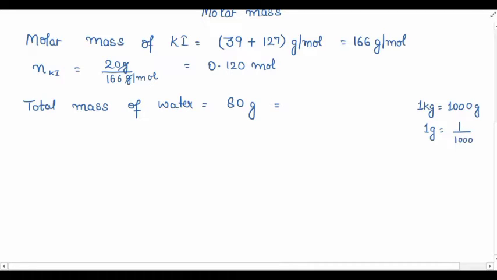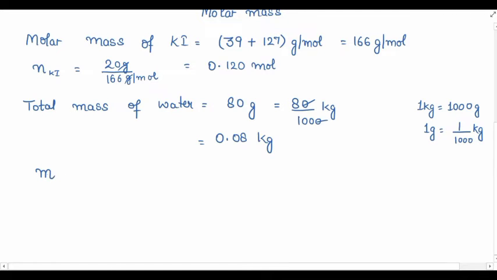So 80 gram is equal to 80 upon 1000 kg. It becomes 0.08 kg.